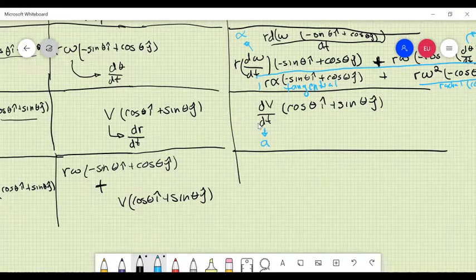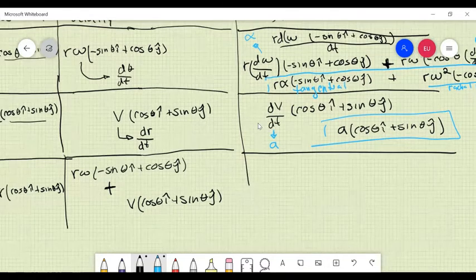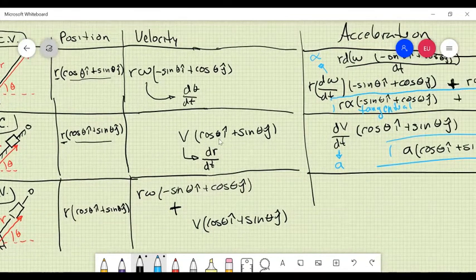So the acceleration vector in this case will be simply linear acceleration times whatever the orientation is. This bit here is the acceleration vector for the case in which I have variable magnitude and constant orientation. I end up having the following acceleration vector.